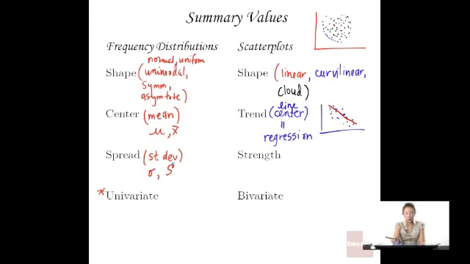So those are two ways we've talked about spread before. And that gives you a one-dimensional spread. But what might be more useful here is something like a two-dimensional spread.